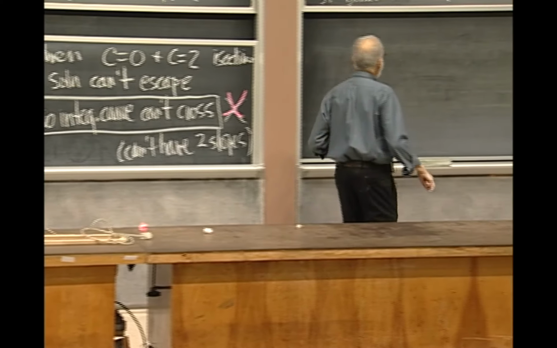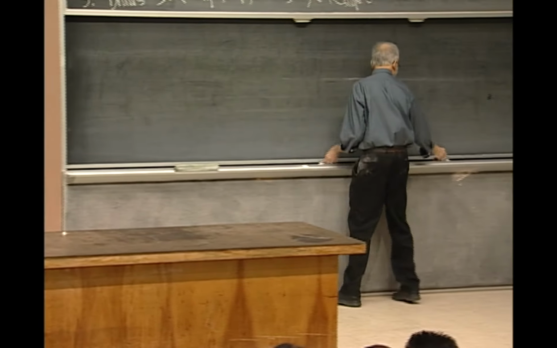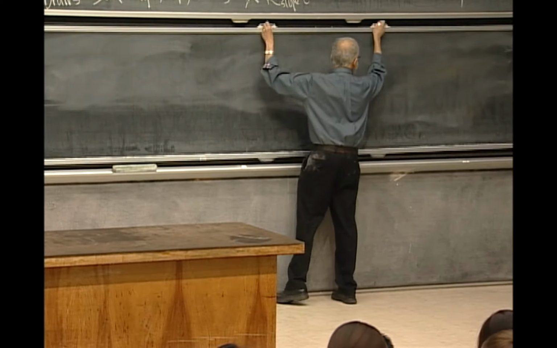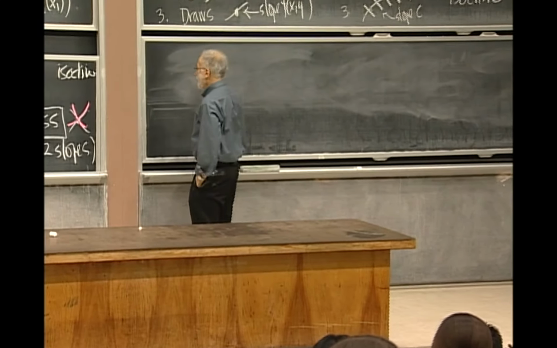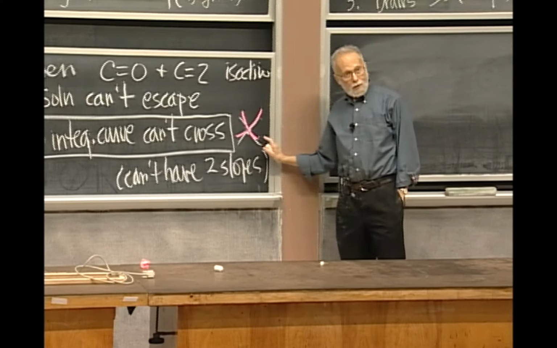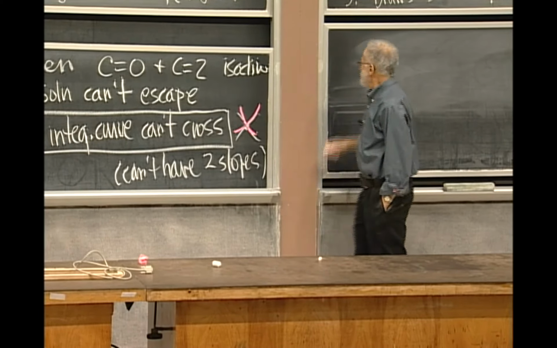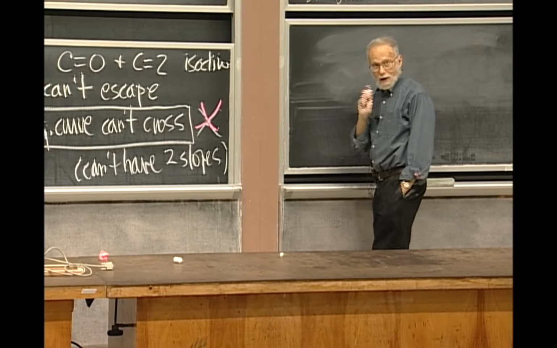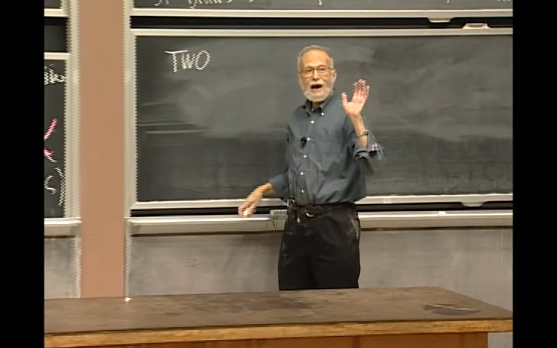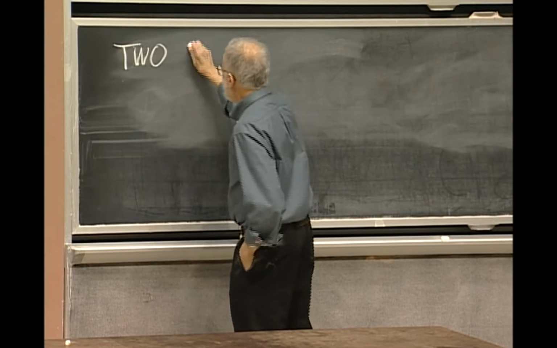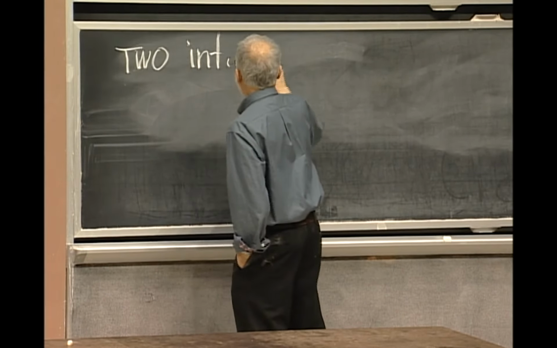Now, there's one more principle like that, which is less obvious, but you do have to know it. They're not allowed to cross, that's clear. But it's much, much less obvious that two integral curves cannot touch. That is, they cannot even be tangent. Two integral curves cannot be tangent.